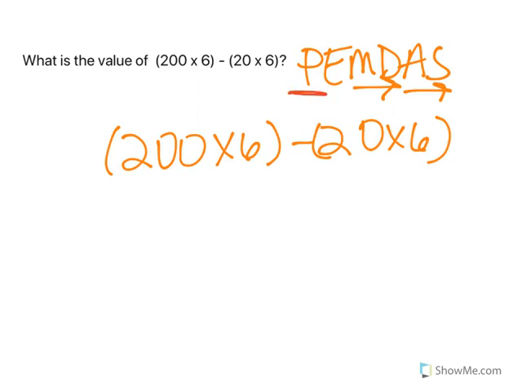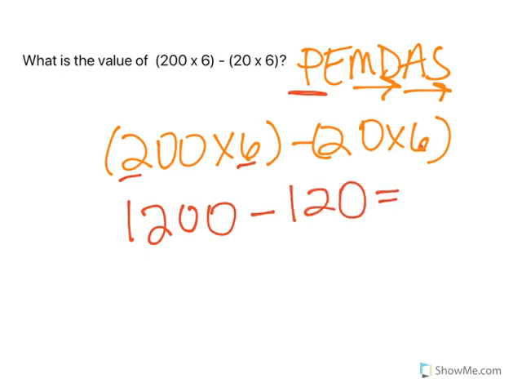So first I need to do what's in the parentheses. So 200 times 6. So 6 times 2 is 12, and then I just add my 2 zeros. And then 20 times 6, 6 times 2 is 12, and then I add 1 zero. So 1200 minus 120. I'm just going to set it up over here.